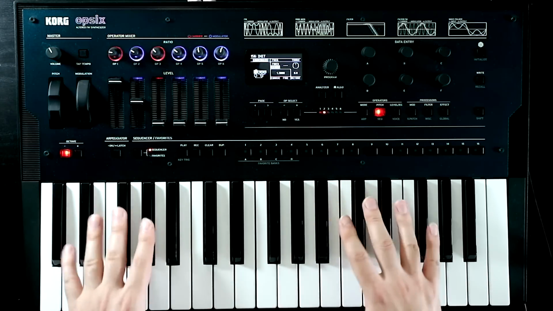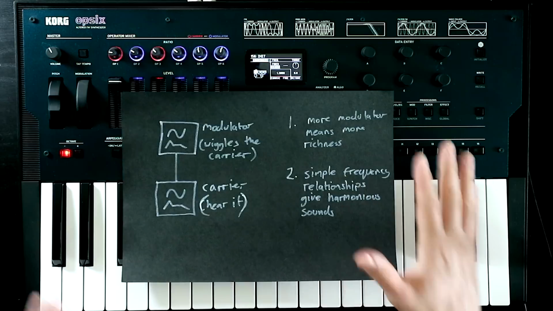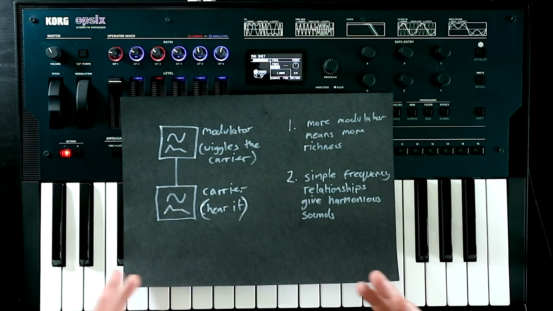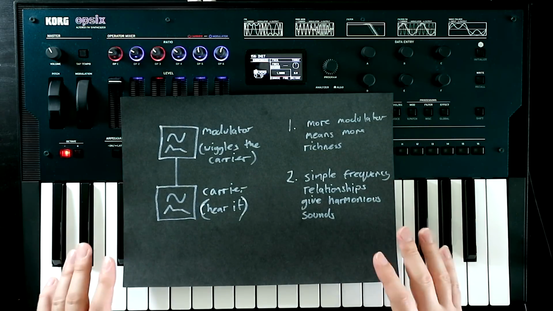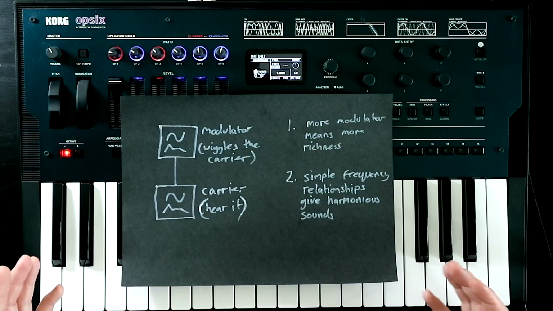Goodness me. So here is principle number 2. Simple frequency relationships between the operators give harmonious sounds, whereas complex relationships between them are going to give us discordant, clangorous, atonal, bell-like sounds.